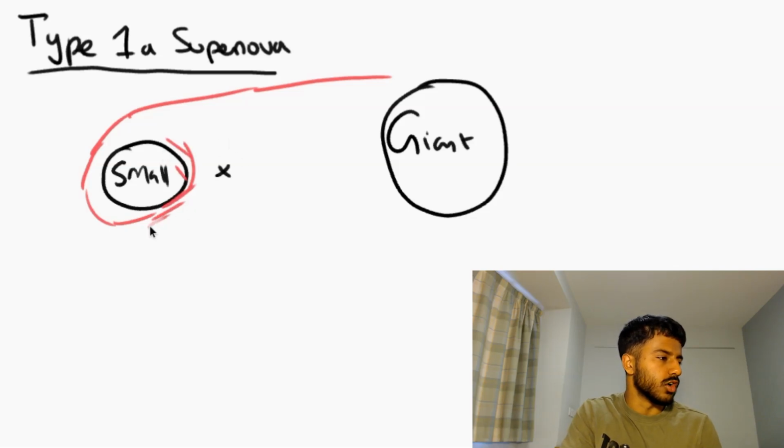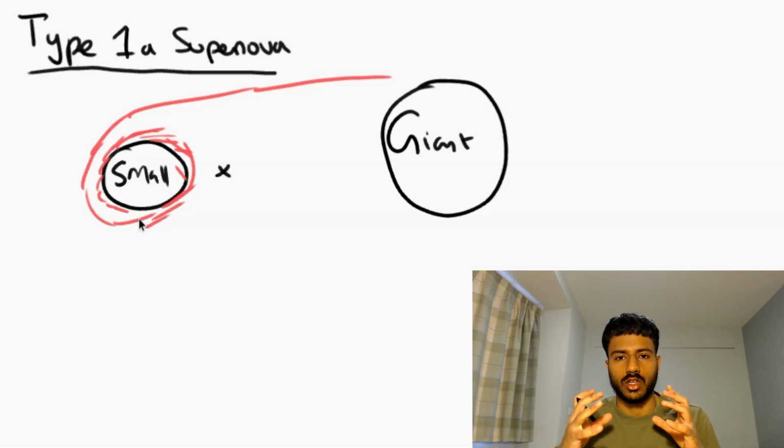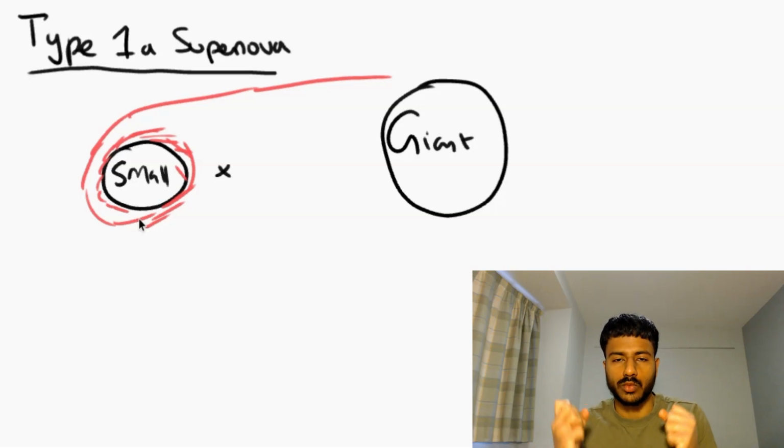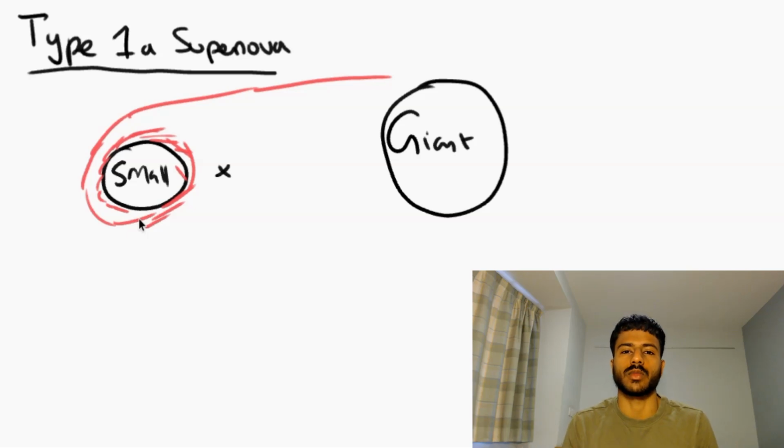And you'll see there's a lot of material being accreted around this small star, as the gravitational attraction from this small star is just pulling and pulling a lot of material from this massive giant. And as more and more of this material accretes around this small star, it becomes unstable and explodes in something called a type 1a supernova.